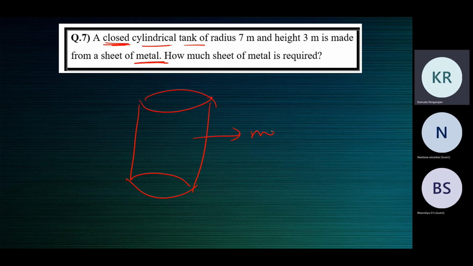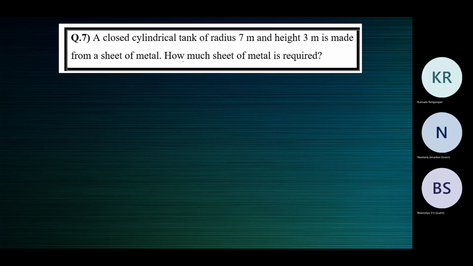The body is made of metal, this circle is made of metal, and the top is also made of metal because it's a closed one. Everywhere there is metal. Metal is in the total surface area of the cylindrical tank: curved surface area, area of the bottom, area of the top, because it's a closed tank.